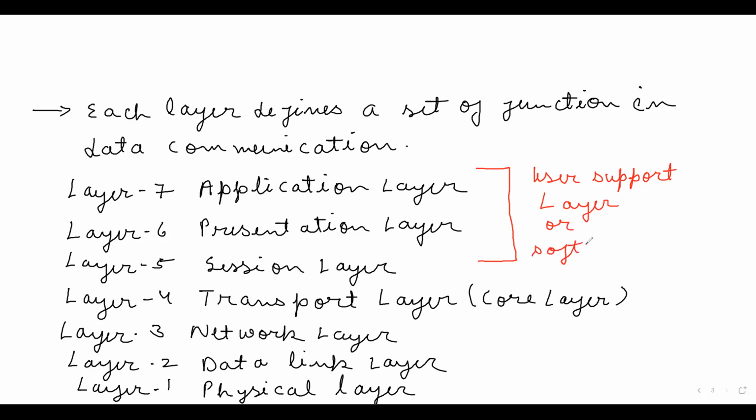As a network engineer, in the beginning, you don't need these layers. But as I said, the transport layer is a core layer. That means it's the heart of the OSI model.